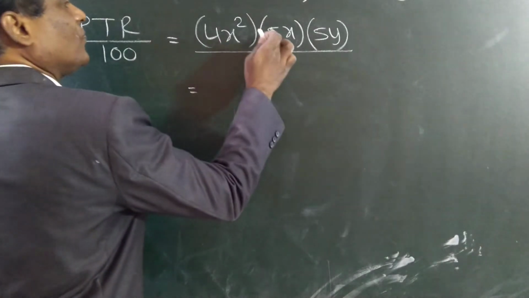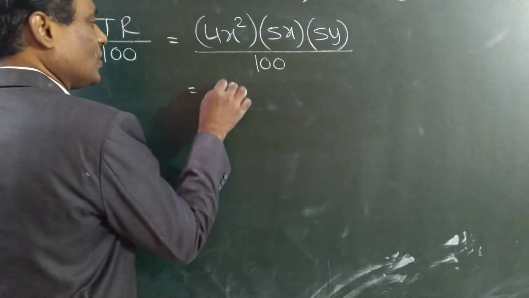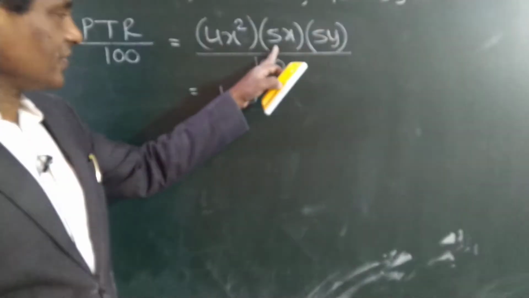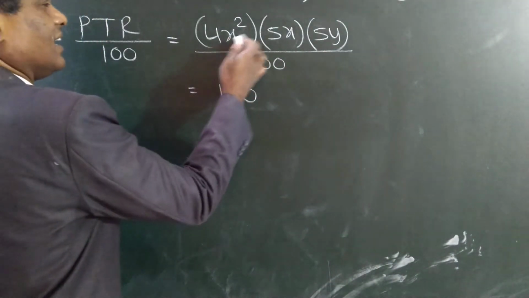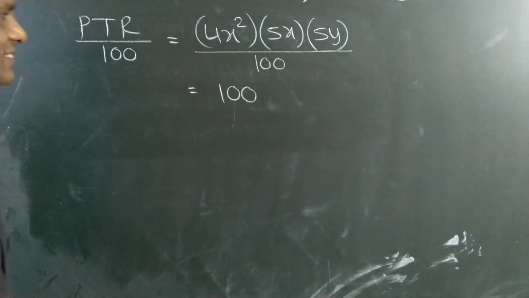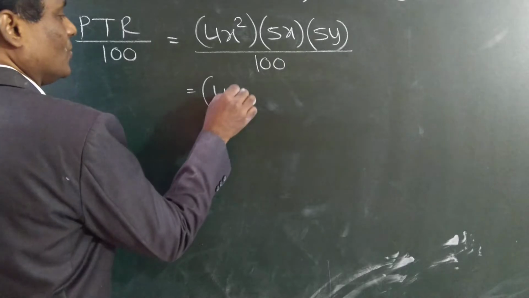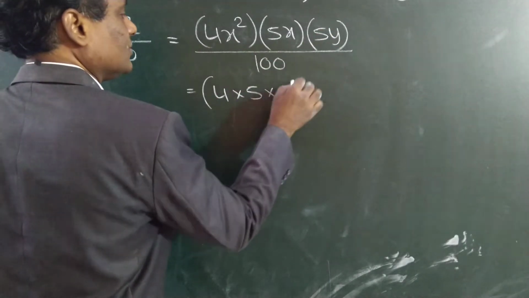4 into 5 into 4 into 5, 20, 20 into 5, 100. 4 5s are 20, 20 5s are 100. And let us write direct, or you write one more step. 4 into 5 into 5.